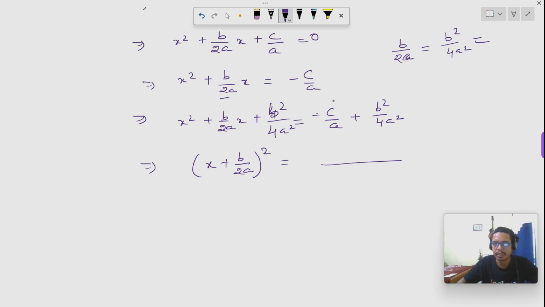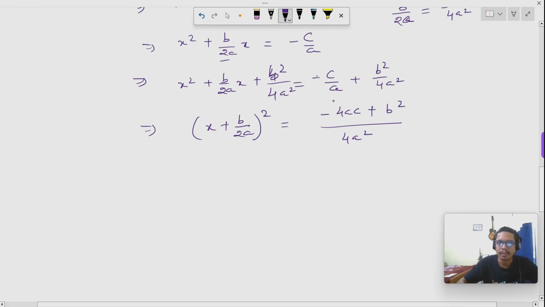and the right hand side term could be written as b square over 4a square minus 4ac over 4a square. In the simplified form, you have to check it with things like this: x plus b over 2a whole square is x square plus b square over 4a square plus 2ab over 4a square.